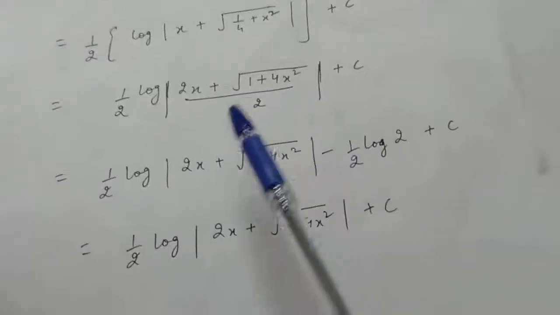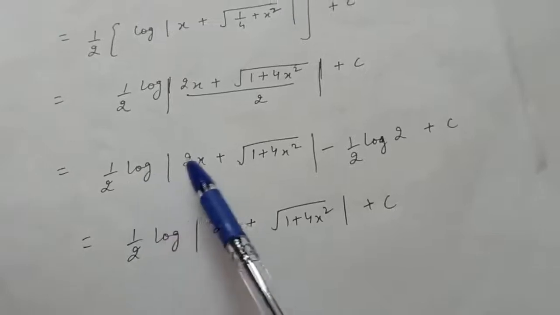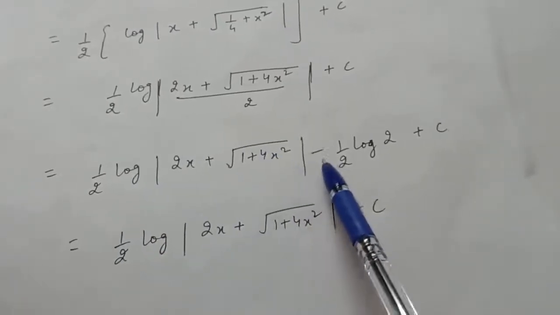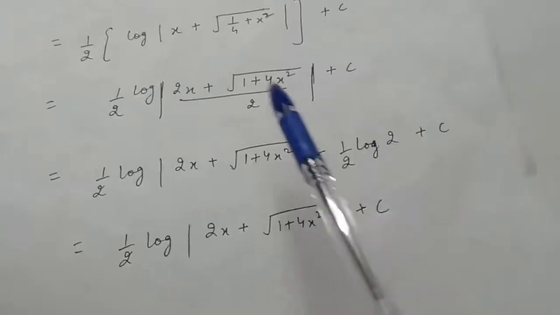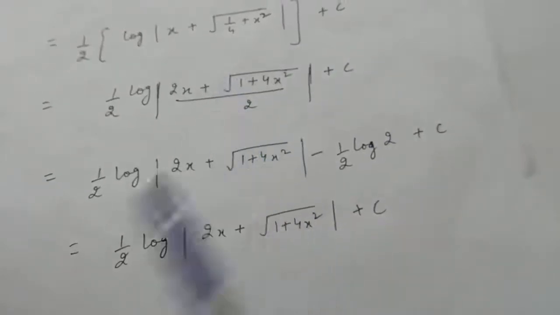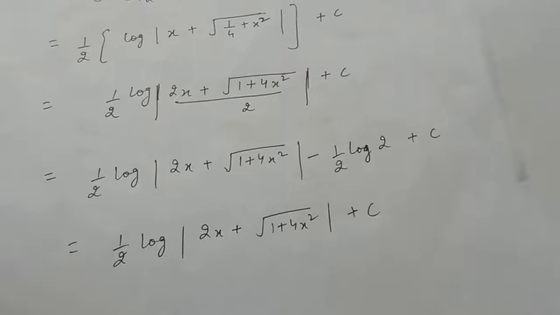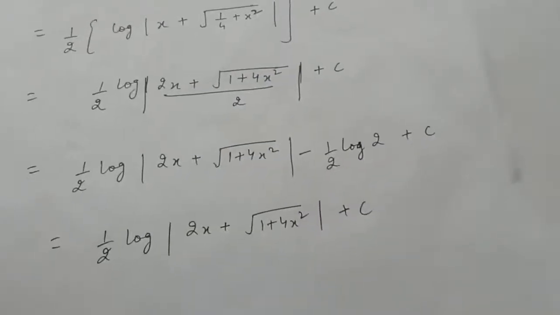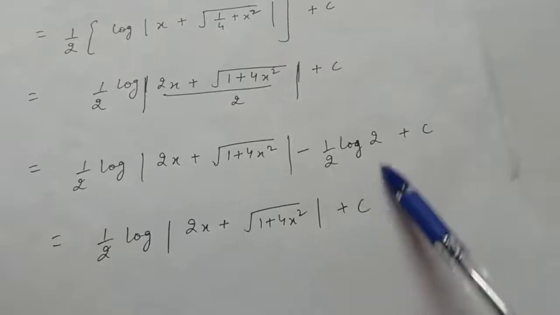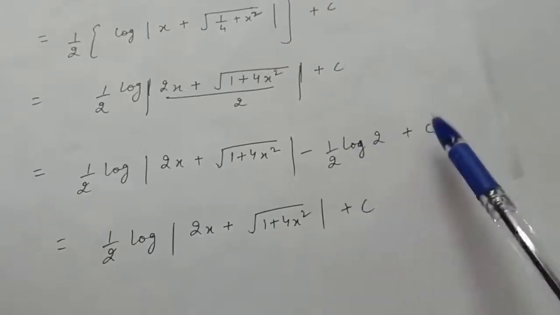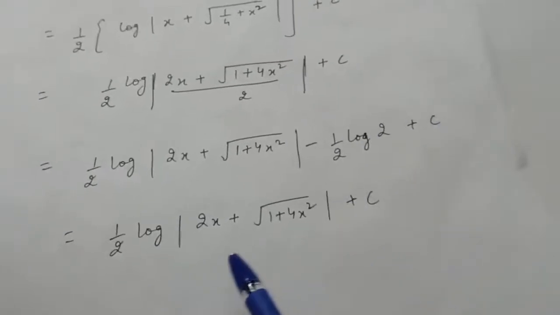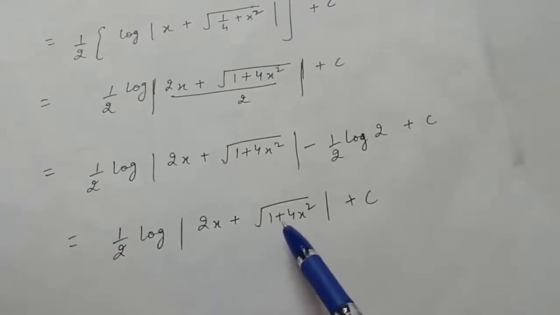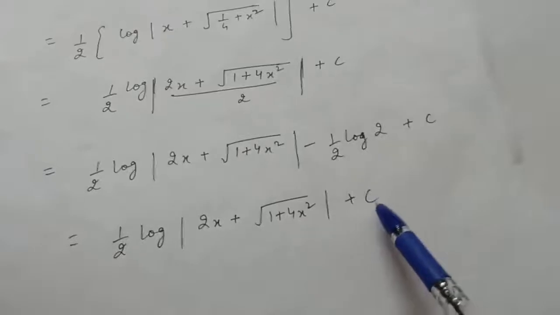Now this can be written as 1 by 2 log 2x plus root 1 plus 4x square minus 1 by 2 log 2, because I have written this as log m minus log n, because it is log m by n, right? Plus c. Now this is constant, so it can be merged with this c.